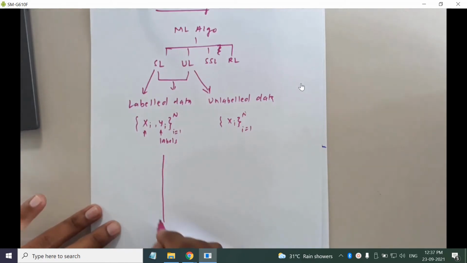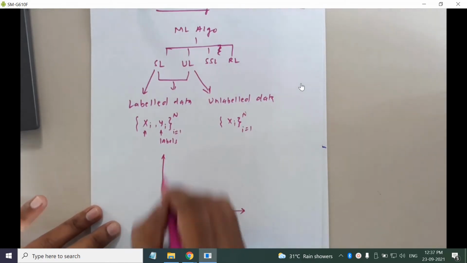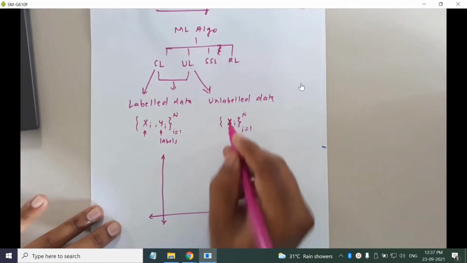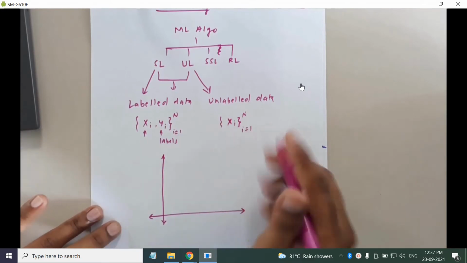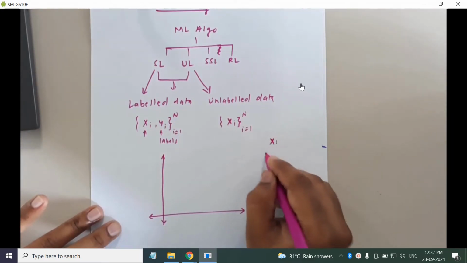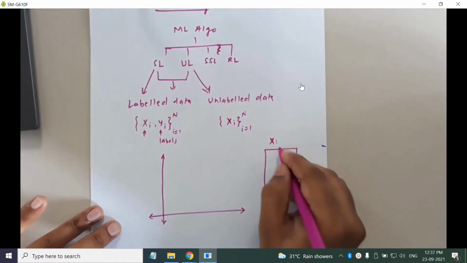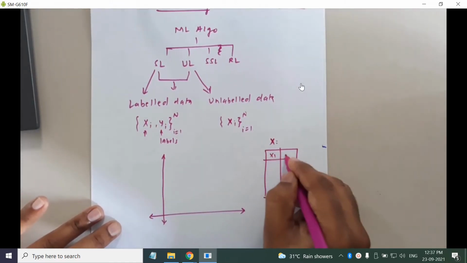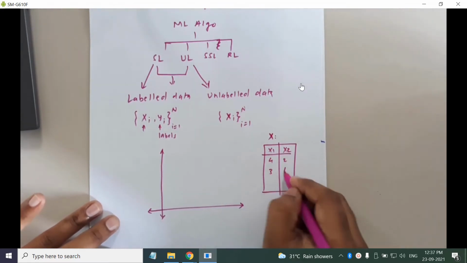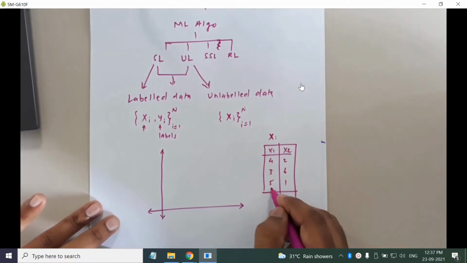So consider you have two-dimensional data. Two-dimensional data are easy to plot, that's why we go with that. So x will have two readings, x1 and x2. Let's say 4 2 3 6 5 1 6 6 3.